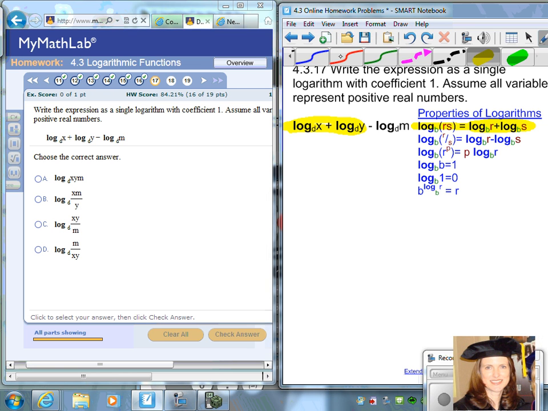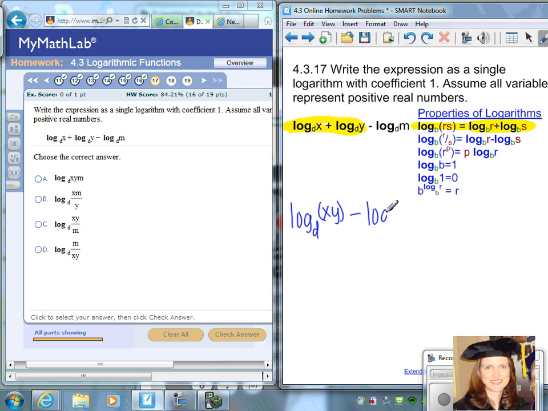We call it condensing. Condense the logarithm so we can write it as log base d of x times y. See that? Two logs split with a plus sign, condense it to get one log of the product. Minus log base d of m.